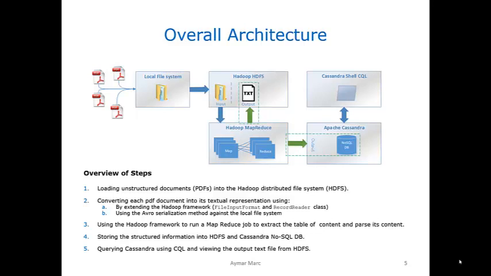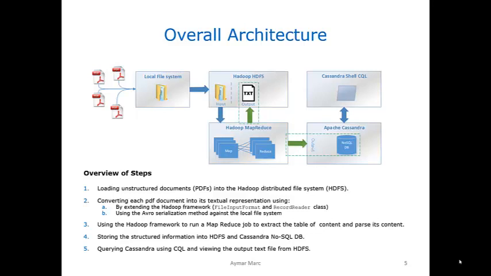Another design that has been looked at is to use the Avro serialization. The idea was to see whether it made sense to pre-process a file before submitting it to the Hadoop framework.